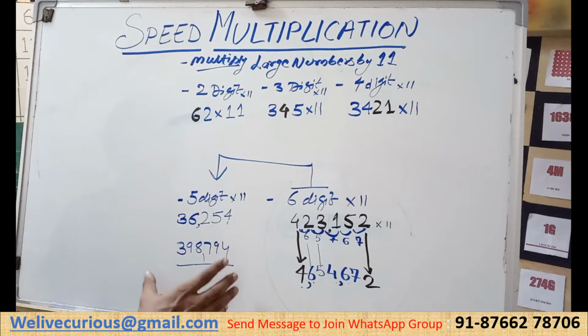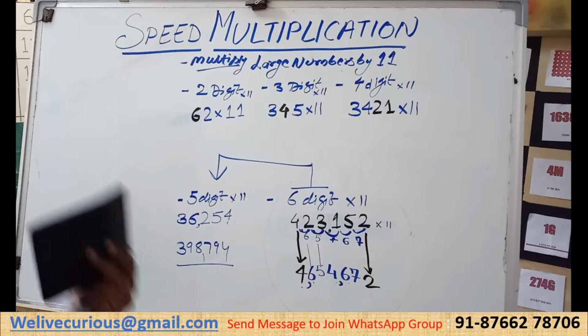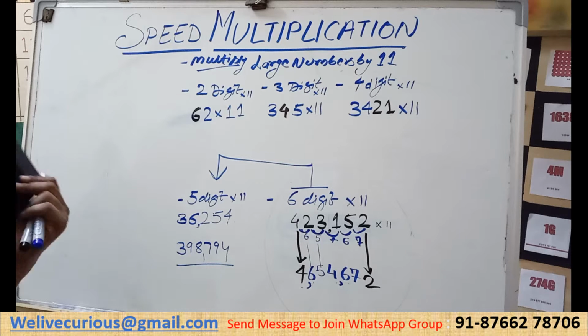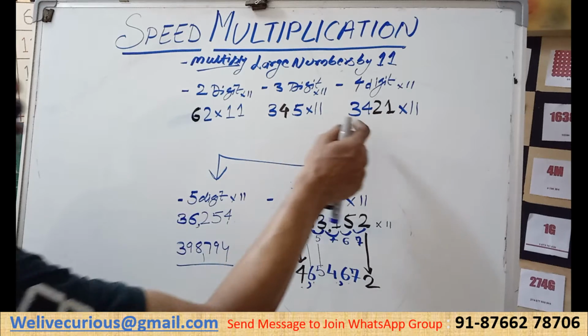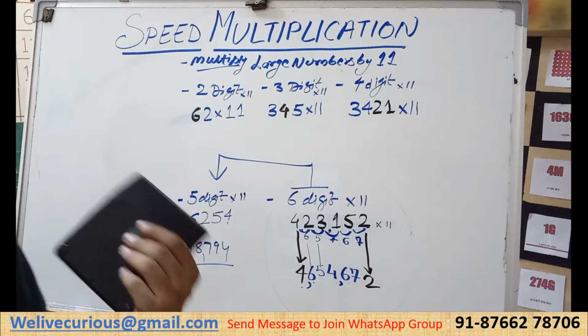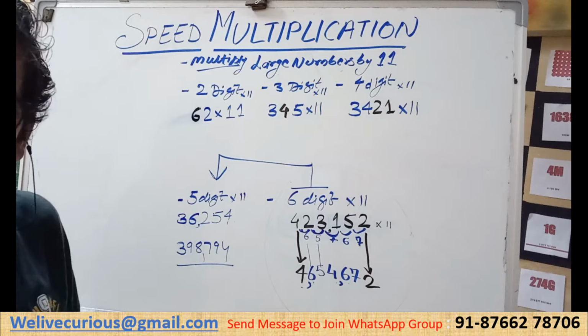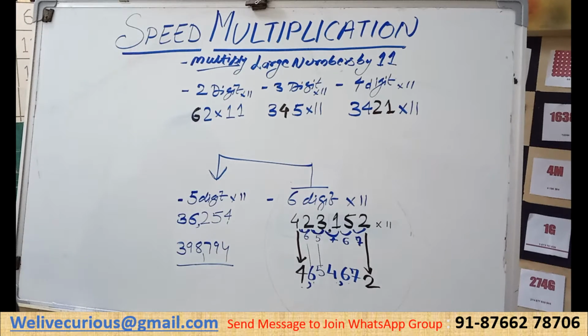So this is why I say multiplying by 11 is a beautiful exercise. Once somebody sees this, they say, wow, I would fall for this if the same thing works for 4 digit, 3 digit, 2 digit. Beautiful. Then I won't remember the table. I can apply this one straight away.